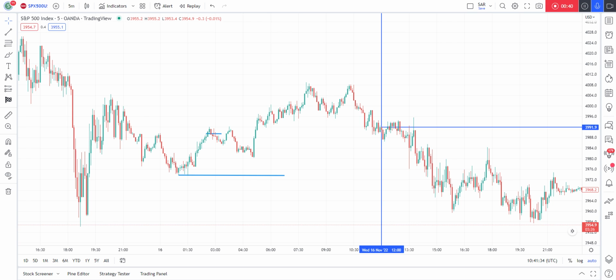Try to avoid non-volatile sessions, such as the Asia session, which is quite quiet. Asia session should just give us either a continuation or mostly a range of what happened during the New York session. So let's review this one and the instruments that we work on.